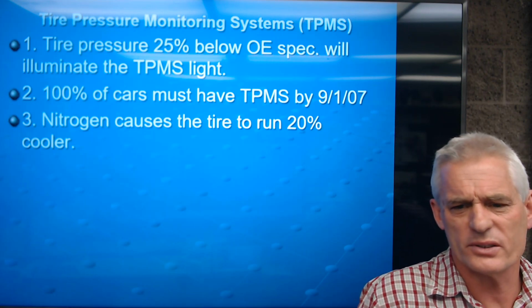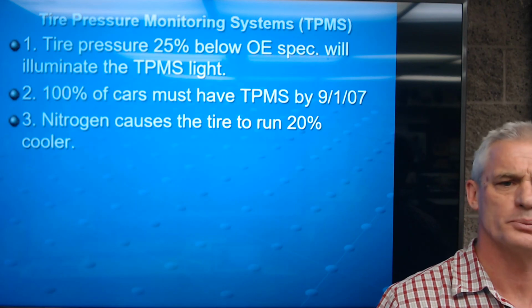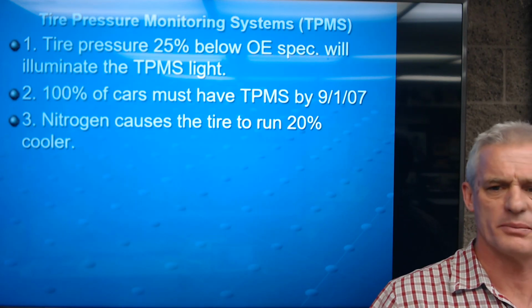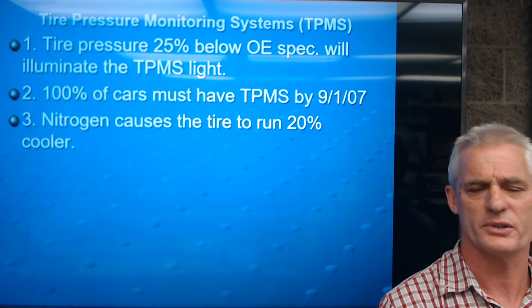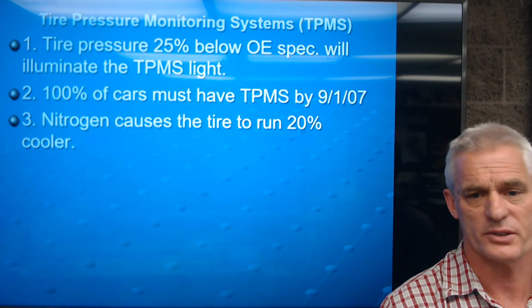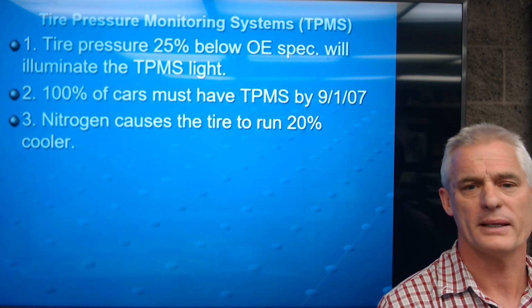And nitrogen causes the tire to run about 20% cooler. Just some miscellaneous tire pressure notes, but just some thoughts about tire pressure monitors in particular. Okay, so we're having to replace a lot of these now because we have to have special tools to read them, to program them when we replace them, etc.